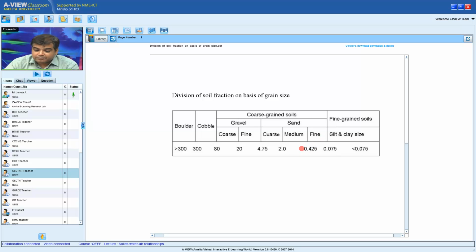So 0.425 millimeter, or I would say 425 micron, is the border between fine sand and medium sand. Likewise, 80 millimeter is the border between gravel and cobbles.